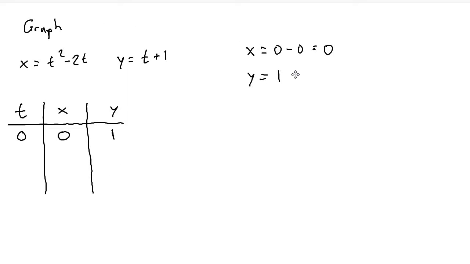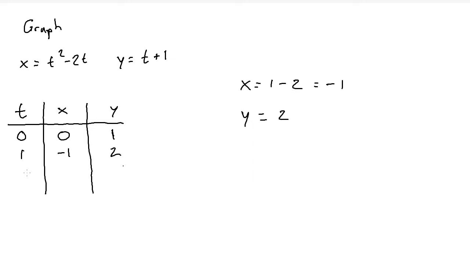So let's say instead of 0, I pick my t to be 1. When t equals 1, I plug it into my x equation to find the x coordinate. So x will equal 1 squared, which is 1, minus 2 times 1, which is 2. So then x will equal negative 1. And y is going to equal 1 plus 1, which is 2.